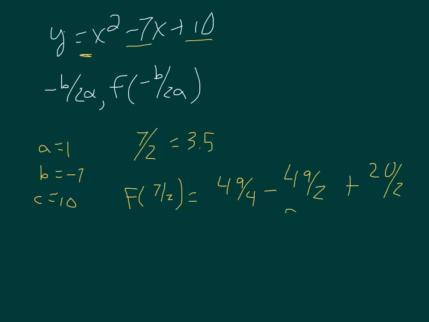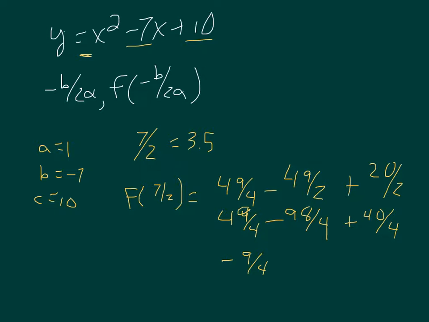So this would be 98 over 4, and this would be 40 over 4, and this again is 49 over 4. So 49 and 40 is 89, minus 98, so I'd have negative 9 over 4. Since this is a positive parabola, the value at 3.5, negative 9 over 4, is the lowest value on this particular parabola.